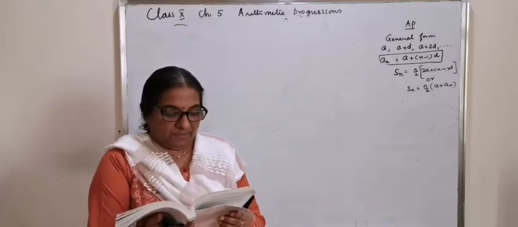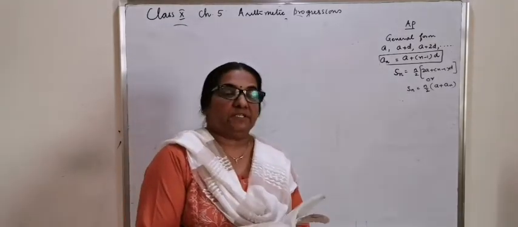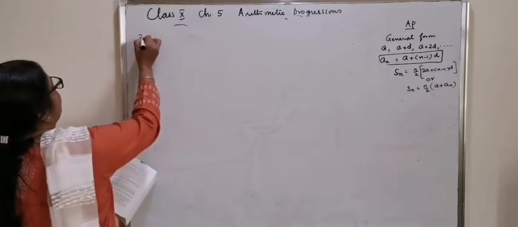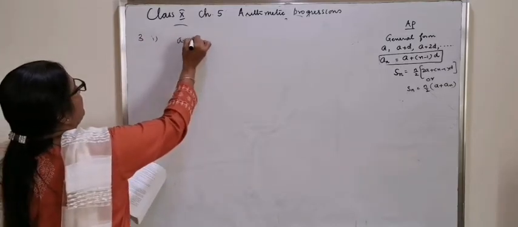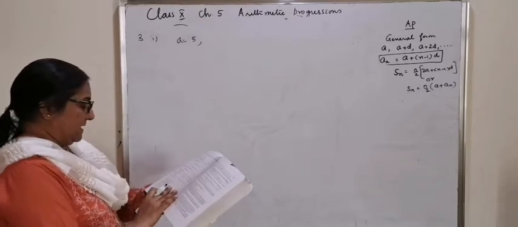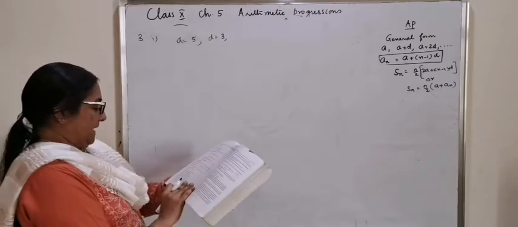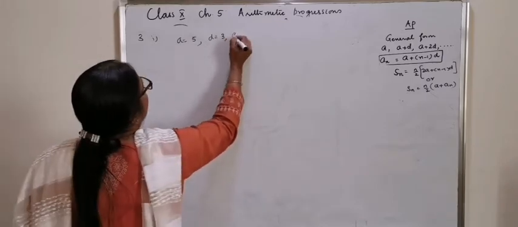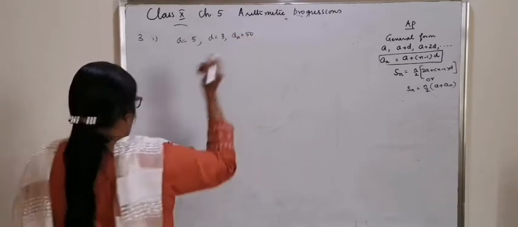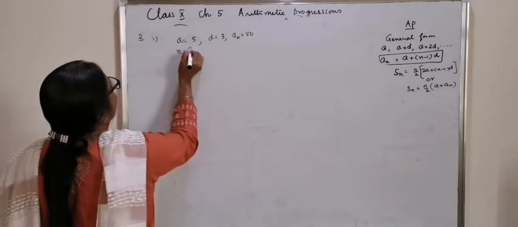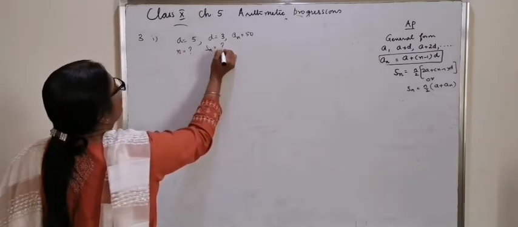Third question, the first subdivision: given A is equal to 5, D is equal to 3, then An is equal to 50, and find the value of n and find the value of Sn.